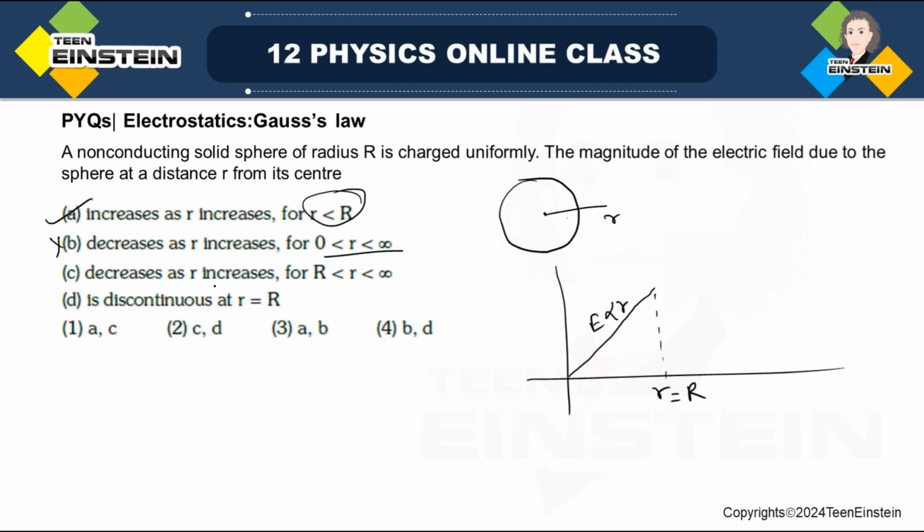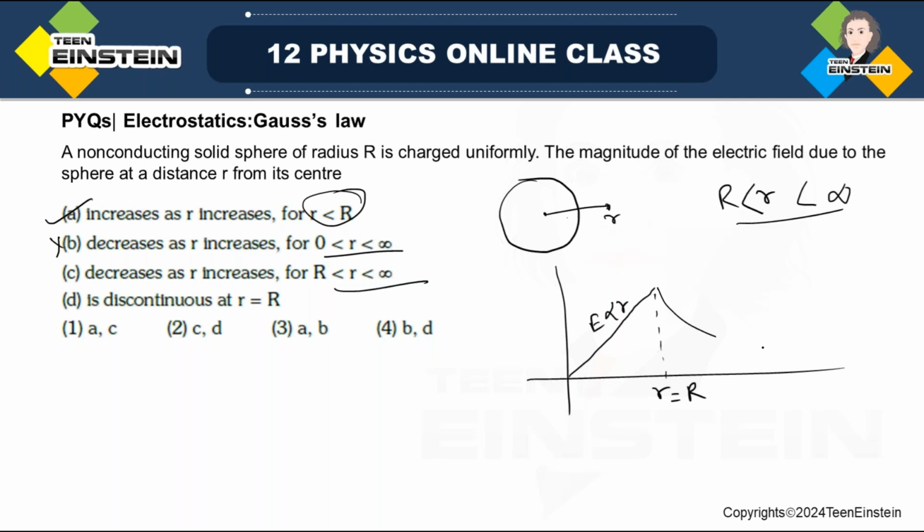Decreases as r increases for r greater than capital R, and between infinity. So this is greater than the radius, that means outer points. At any outer point, but it is not going up to infinity obviously. So what is the variation outside?